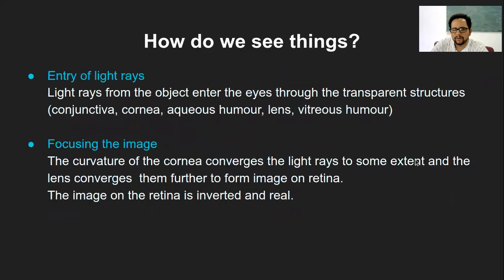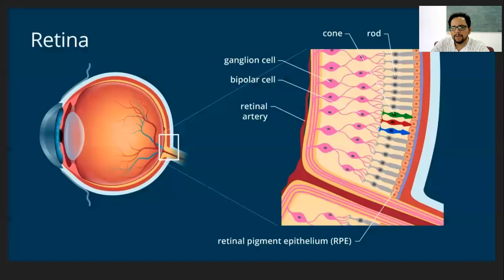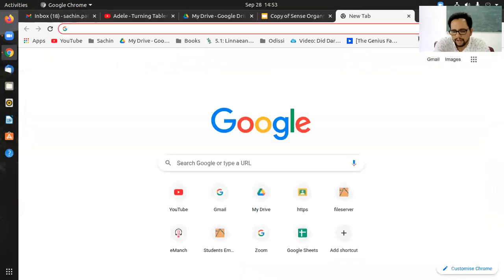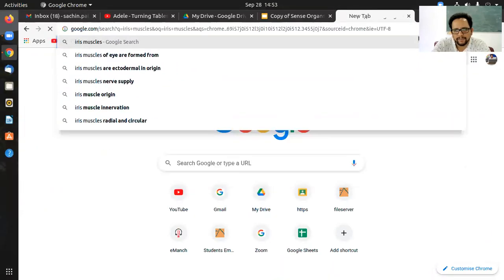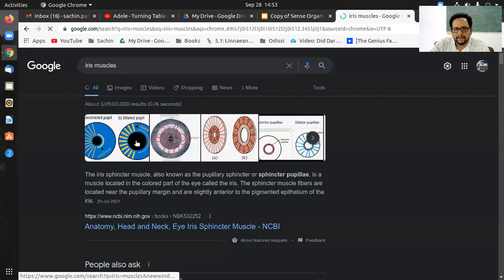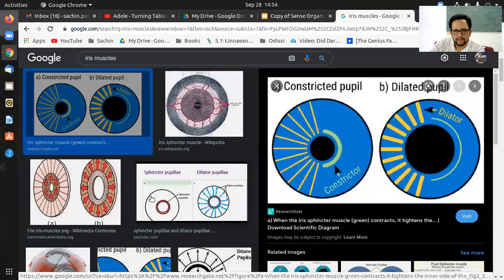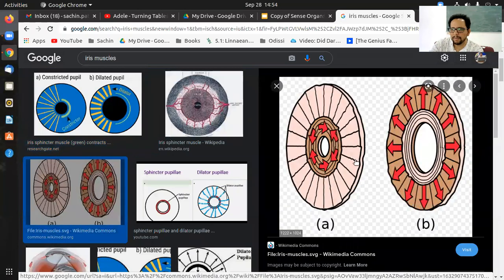Let me show it to you in another image, because it will make it clearer. Iris muscles. Yeah, here it is. This is an even better representation.